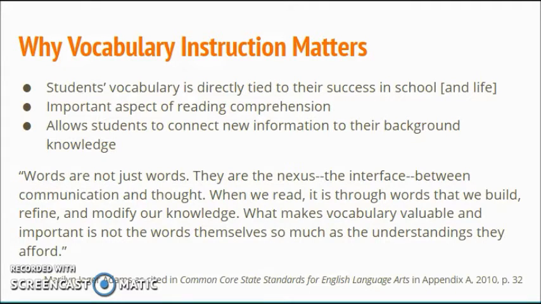We'd like to begin by reviewing why vocabulary instruction matters. As we indicated in the first video of this series, student success in school and life is connected to the words students encounter and understand, and more importantly, the words students are able to use in their spoken and written language.